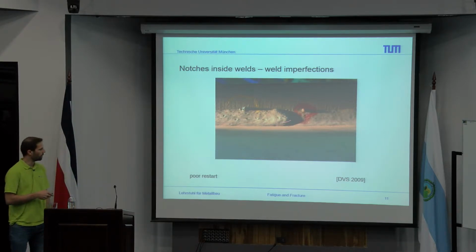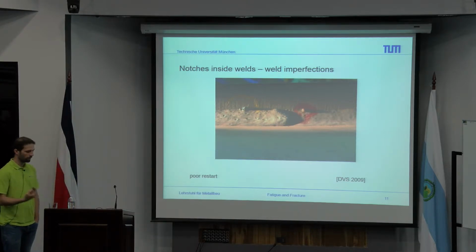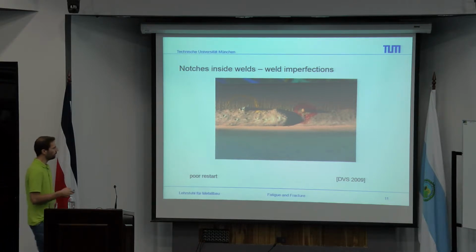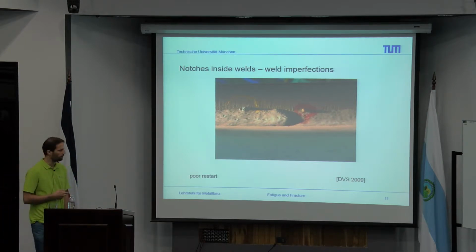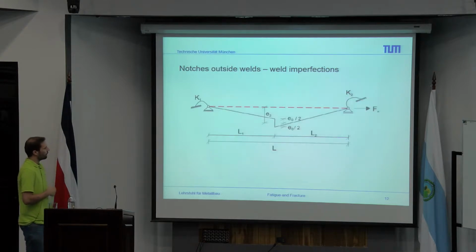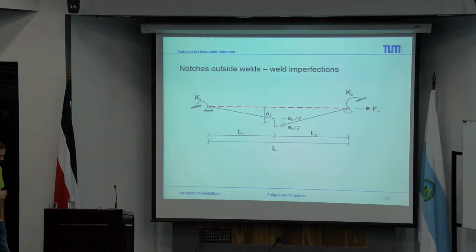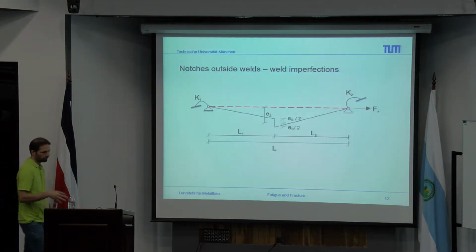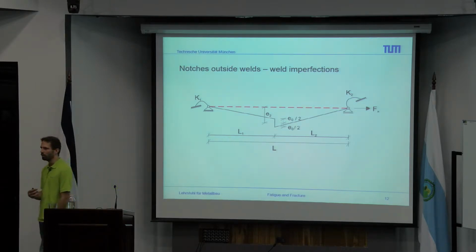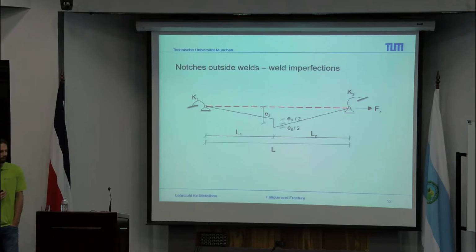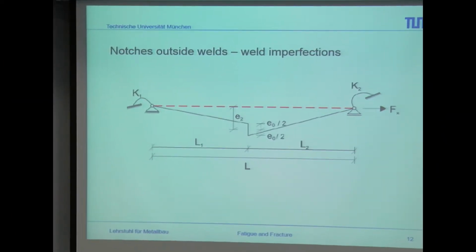Of course, this leads to a stress increase and in the end to some failures. This is also something we usually don't want to see, and we have to fix it due to quality management in our welded parts.